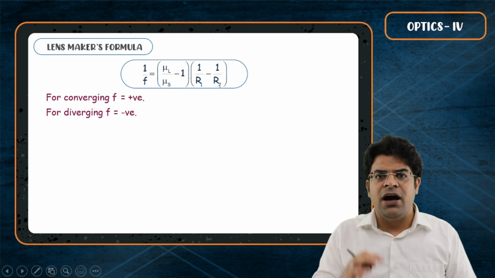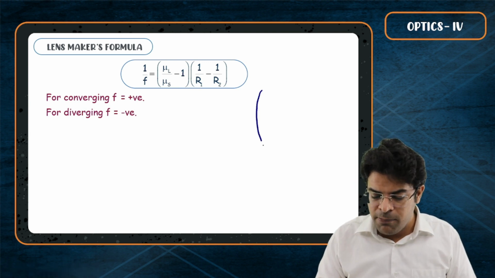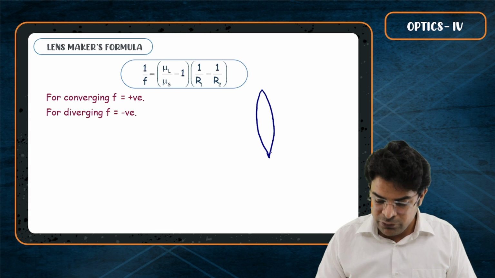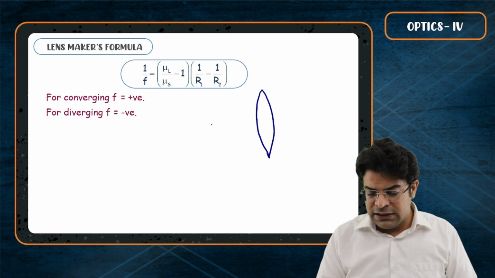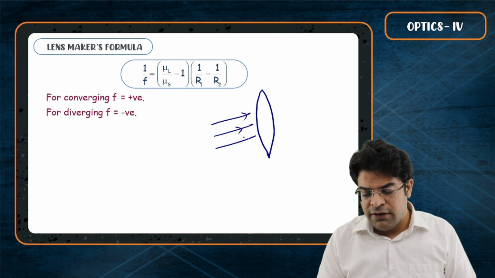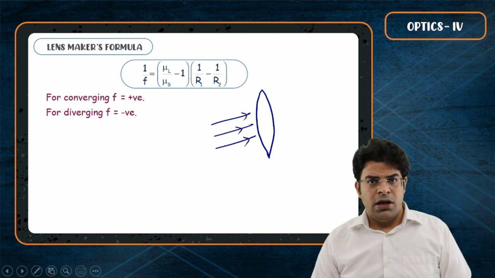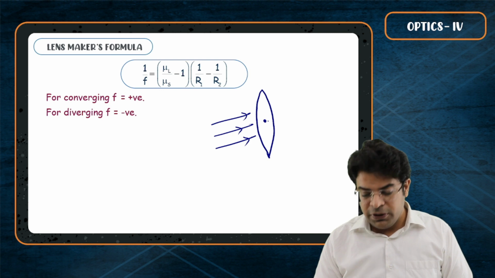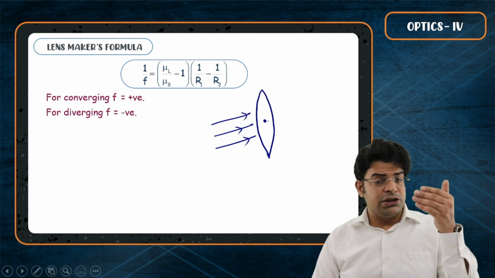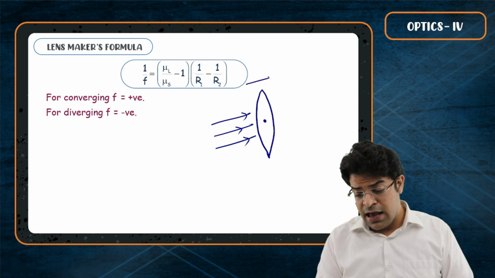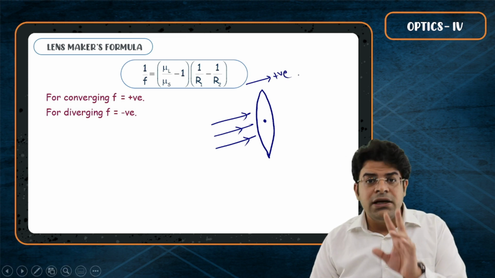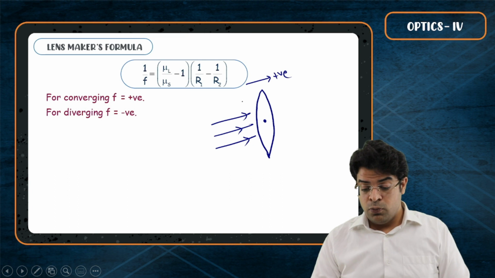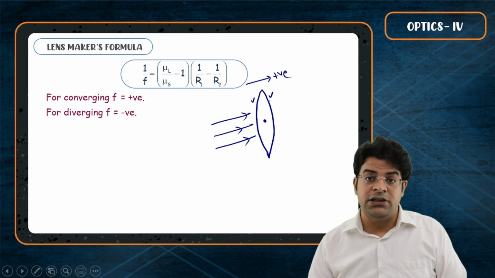Now let's take a case. Let's say you have a biconvex lens, and let's say rays of light hit from the left hand side. So you will say that this is the optical center. The direction of incidence ray has to be taken as the positive direction. Now you can see two refraction will take place, one on the left surface, second on the right surface.